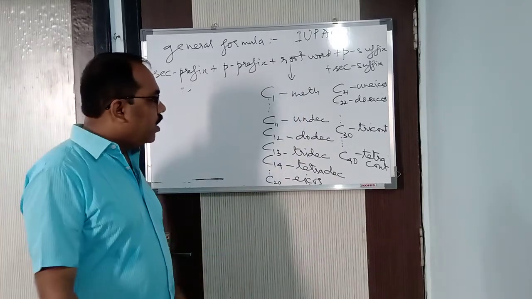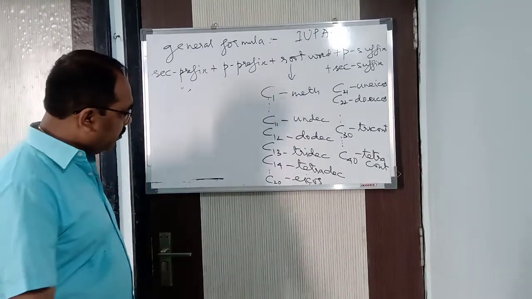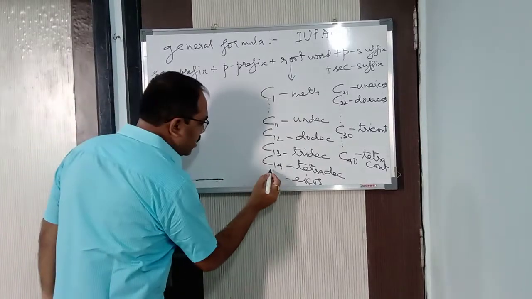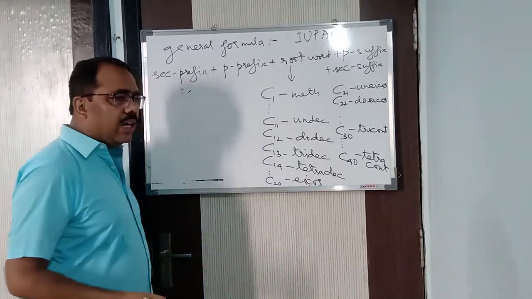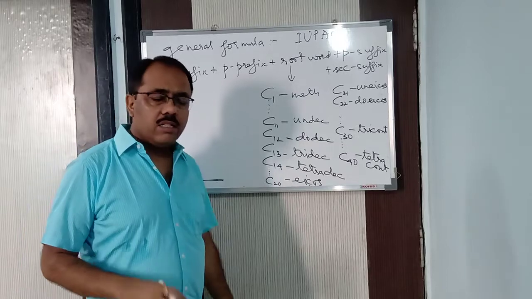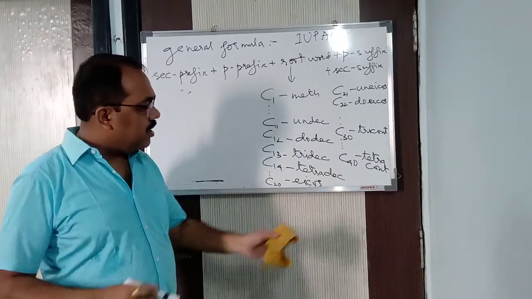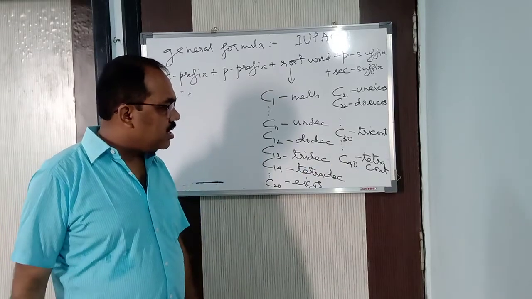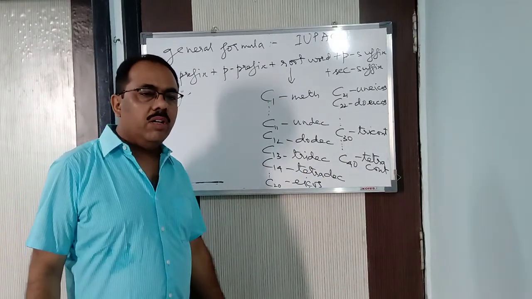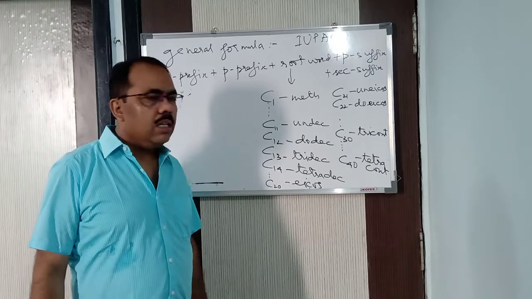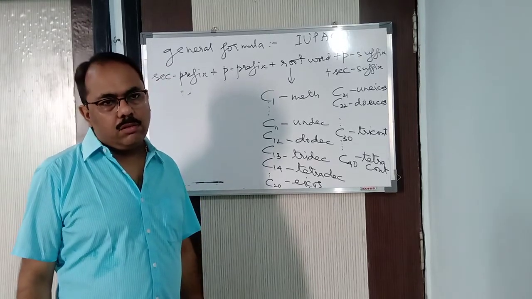Now, let me tell you one thing, children: the organic chemistry nomenclature which I have started is a very important one. And one fact: C40 tetracont. When I was writing this, I remembered one question asked in IIT JEE exams 4 to 5 years back.